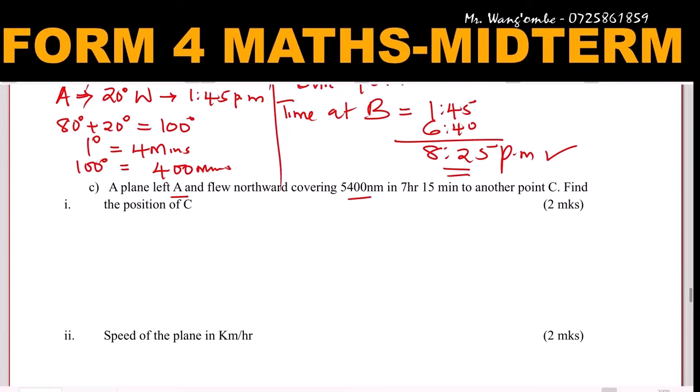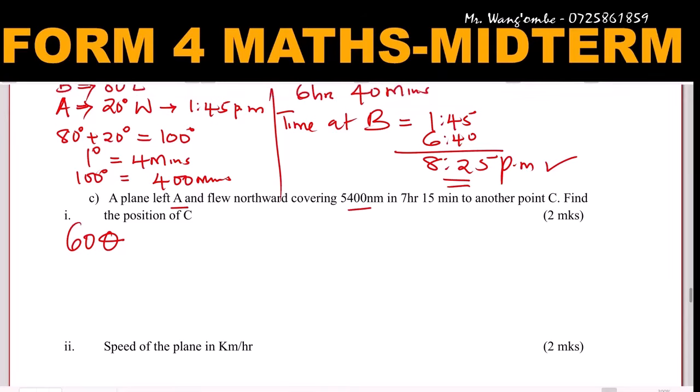So how do you get distance along the Great Circle? Because this plane was moving from A northwards, that is distance along the meridian or the longitude, which is distance along the Great Circle. We need to understand that. And to get that distance in nautical miles, distance along the great circle in nautical miles is given by 60 multiplied by theta. Now it is on the same longitude, so the difference, that is theta, will be the latitude difference.